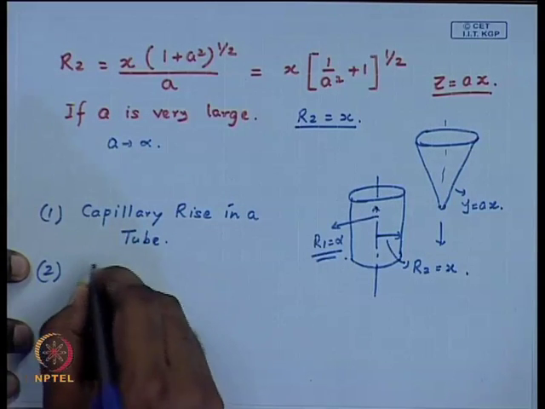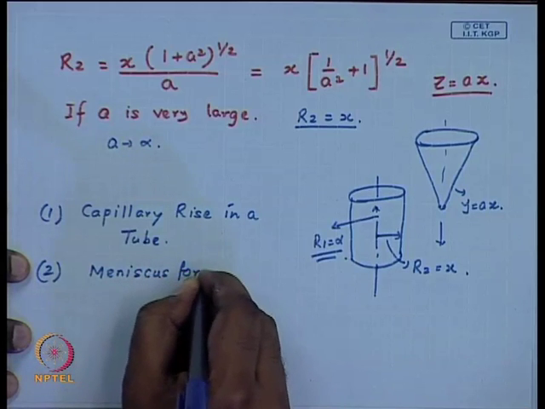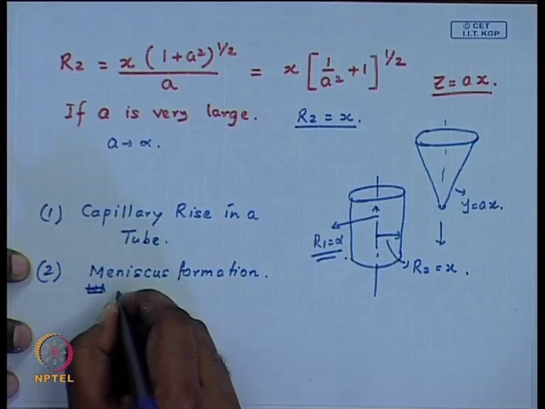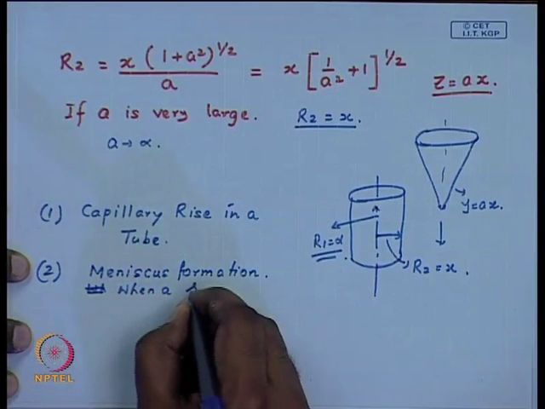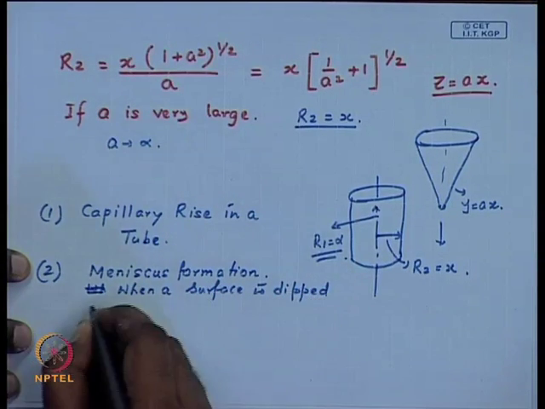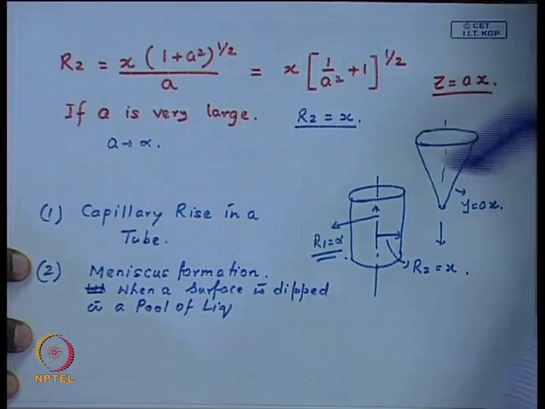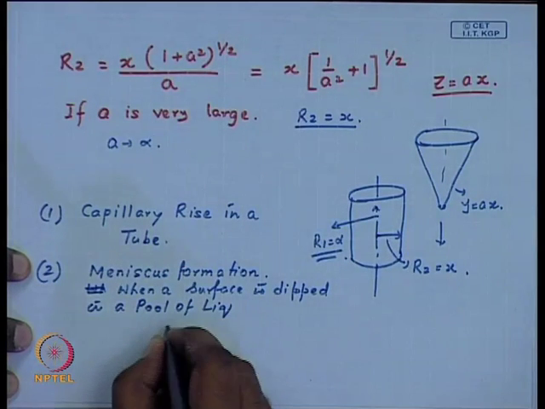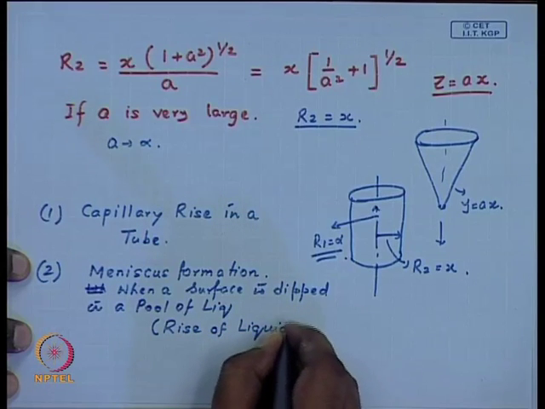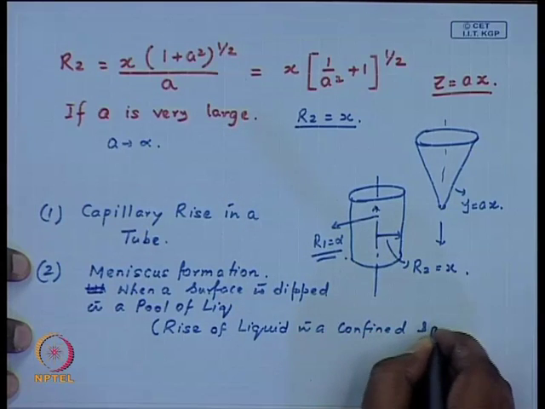The second one is the meniscus formation when a surface is dipped in a pool of liquid, or essentially this is also referred to as rise of liquid in a confined space.